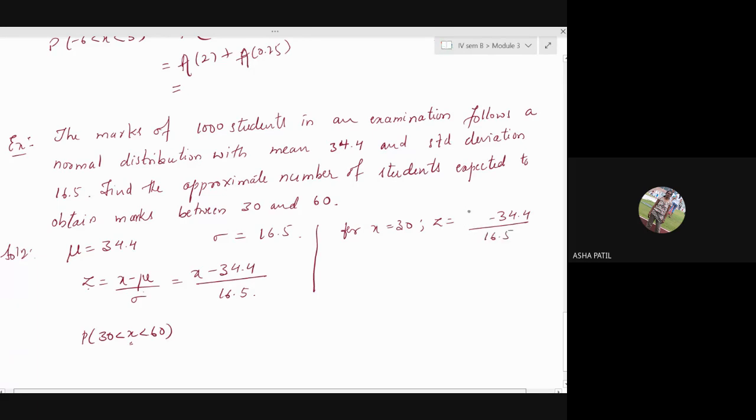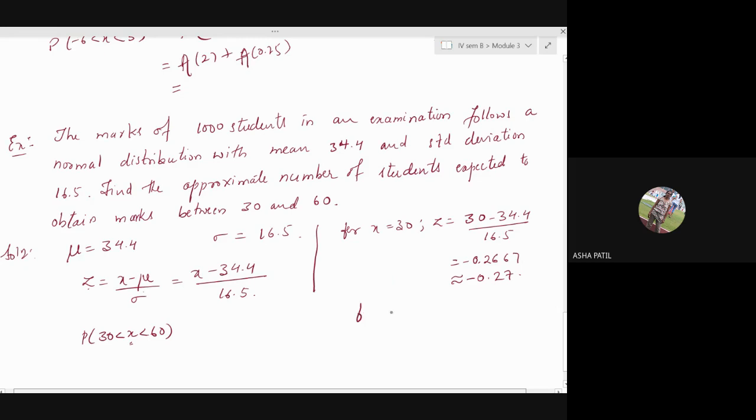Can anybody tell me the value? 30 minus 34.4 is minus 0.2667. But you have in your table, this is the table value that you will be looking for. You can write minus 0.27 because it gives you only two decimal places.